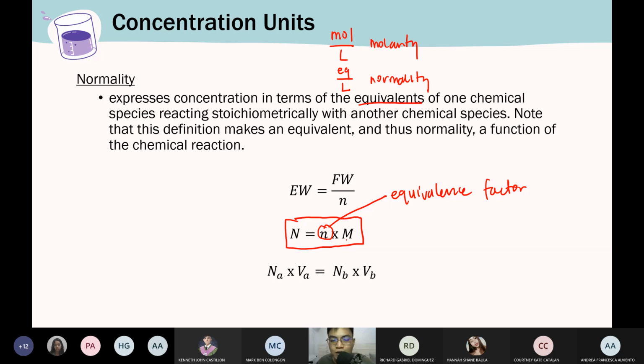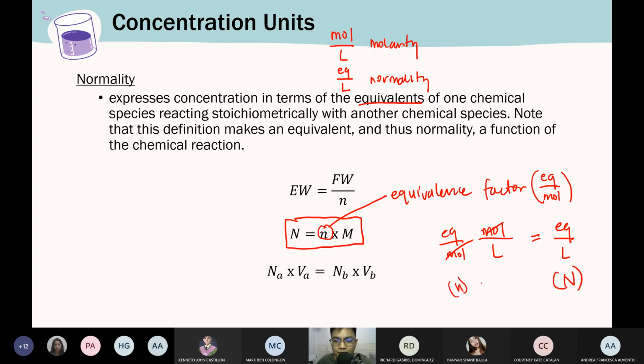Multiply mo yan sa molarity, you will get normality. Equivalence factor has a unit of equivalence per mole. Okay? So, yan yung unit niya. So, that's why if we multiply it by molarity, equivalence per mole times mole per liter, ang matitira ay equivalence per liter, which is normality.